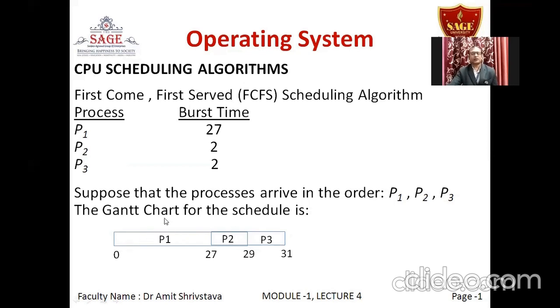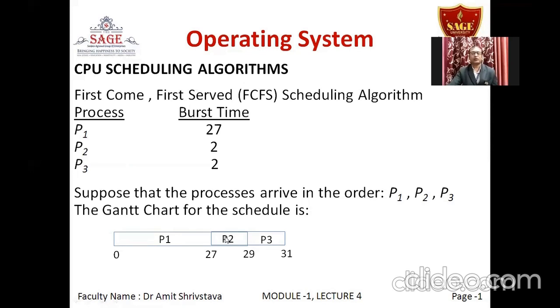Okay, so now let us calculate the waiting time of these processes. Process P1 arrived at time 0, and we allotted the CPU at time 0 only, so it doesn't have to wait in the ready queue for the CPU. Its waiting time is 0.